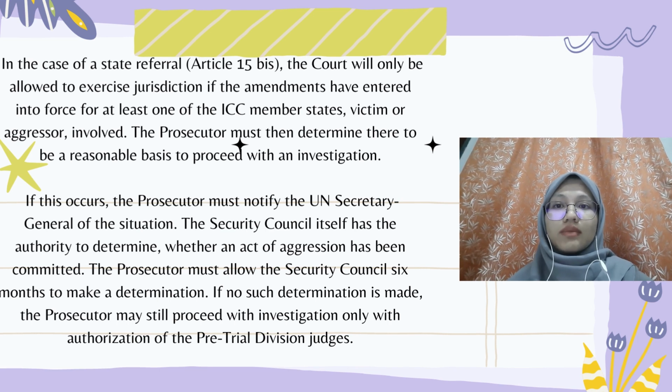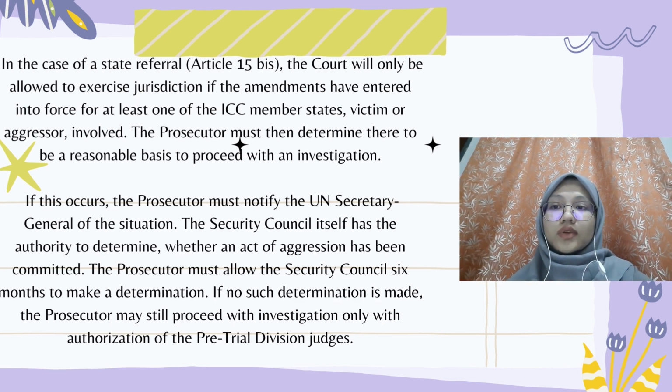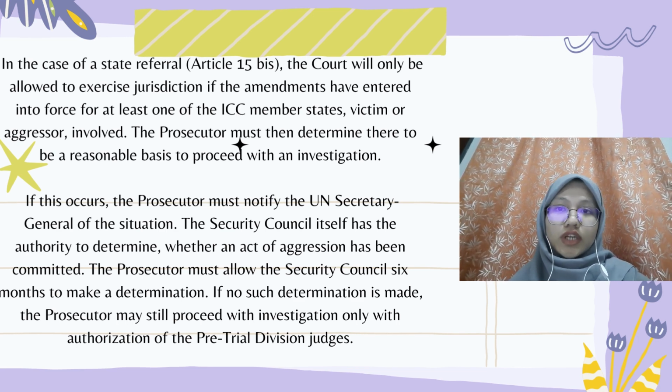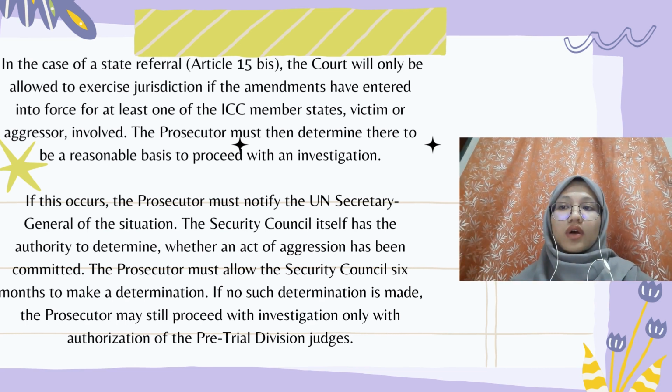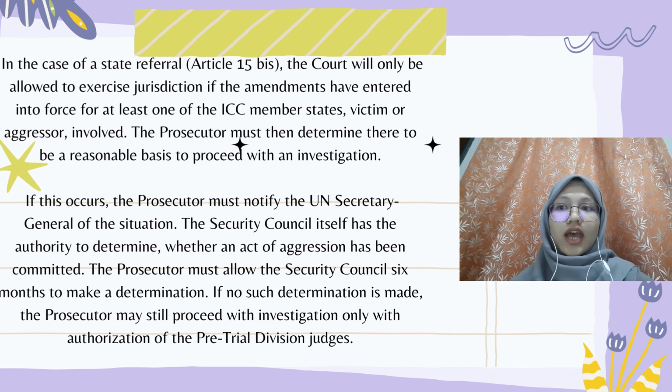The prosecutor must then determine there to be a reasonable basis to proceed with an investigation. If so, the prosecutor must notify the UN Secretary-General of the situation. The Security Council itself has the authority to determine whether an act of aggression has been committed.